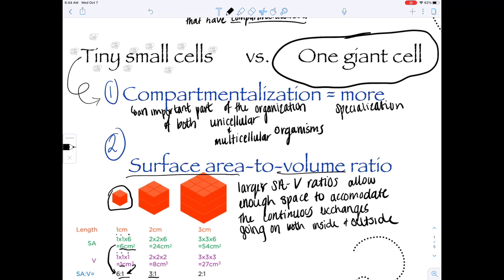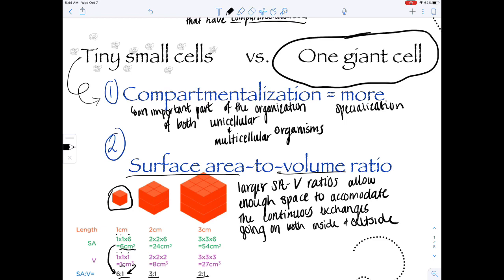And then when we're looking at our volume, we've got 1 times 1 times 1, which is 1 cubic centimeter. So this ratio is 6 to 1. So this is a larger surface area to volume ratio, meaning we have a larger amount of space available to that cell to accommodate anything that is happening.